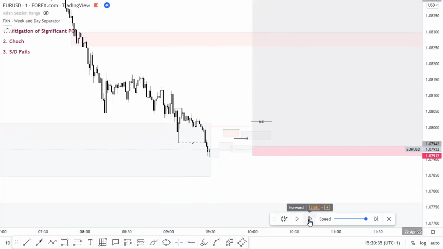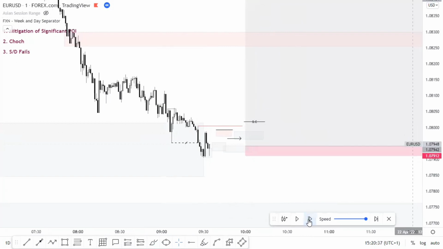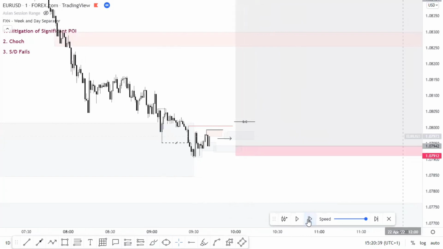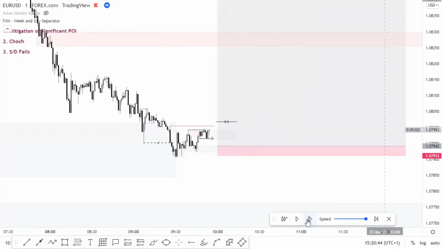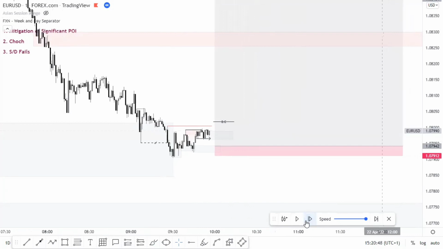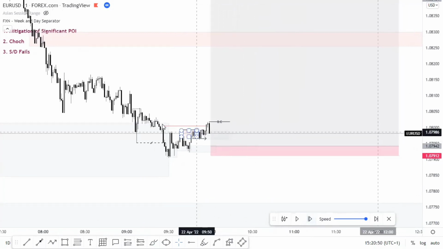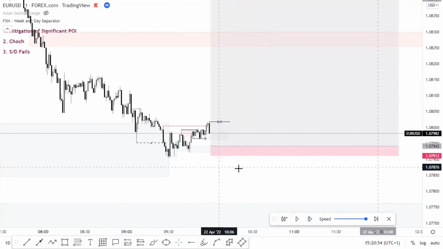I set my alert, then I was waiting, then all of a sudden my alert triggered on my phone. I was not with my computer this period. This time it ticked and closed above that supply zone that actually caused the sweep of liquidity.